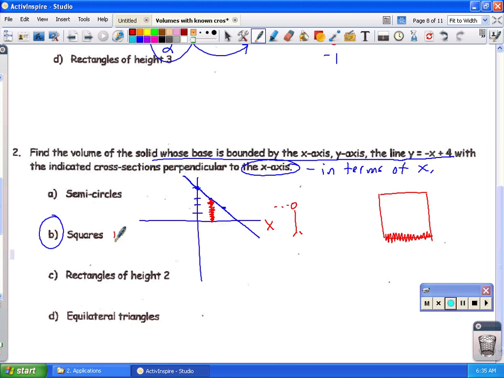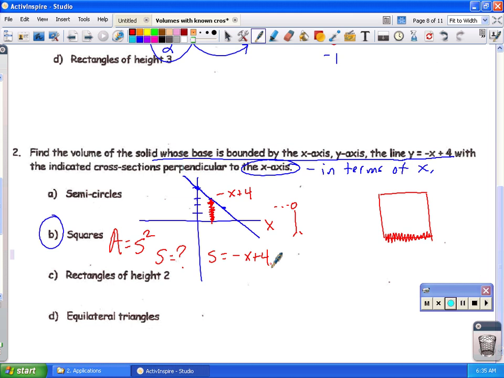The formula for the area of a square is side squared. So what do I need? I need the length of a side in terms of this given function. Well, I think you can see that the distance from the x-axis to the line is clearly going to be negative x plus 4. So my side is equal to negative x plus 4.